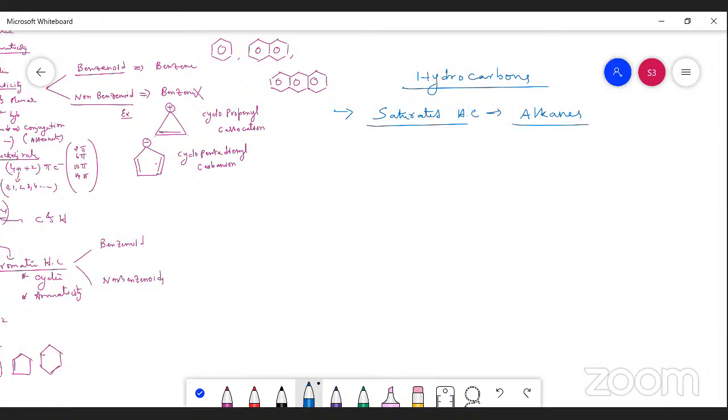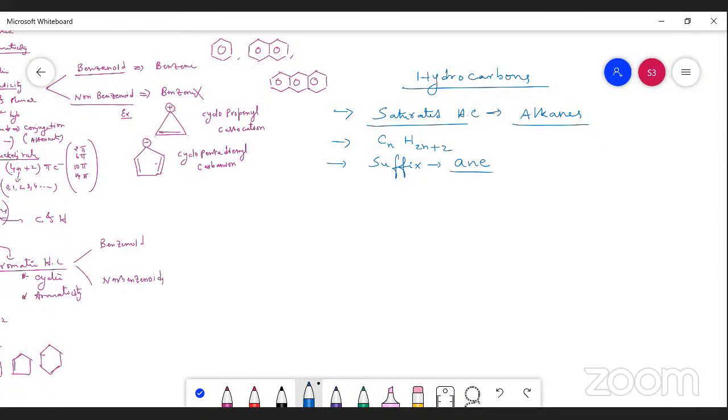Alkanes. The general formula for the alkanes is CnH2n plus 2. And remember that here the suffix name is ane: methane, ethane, propane, butane. Likewise, the suffix is ane.